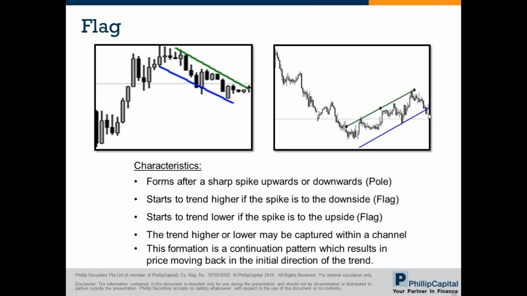Subsequently, after the formation of the pole, you will start to observe that prices will trend lower if the pole is to the upside, and higher if the pole is to the downside. On the left image there is a spike to the upside, so that's the pole being formed, and the flag that's being formed is slowly starting to trend lower.